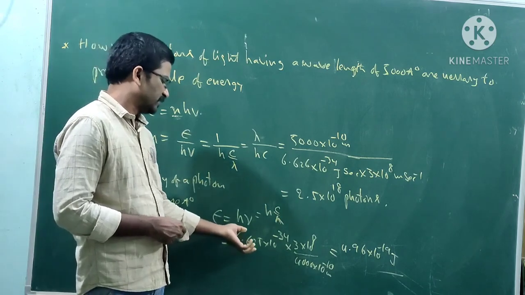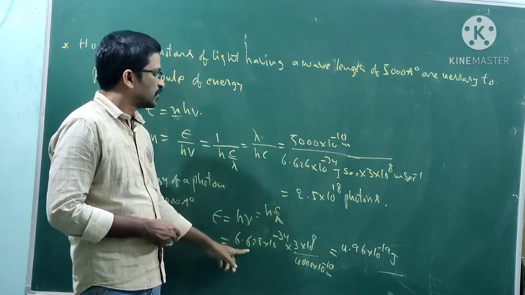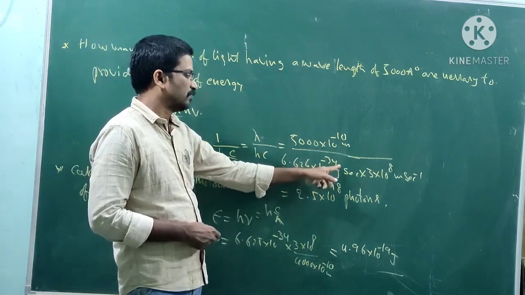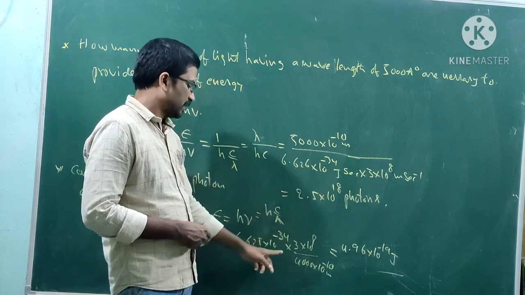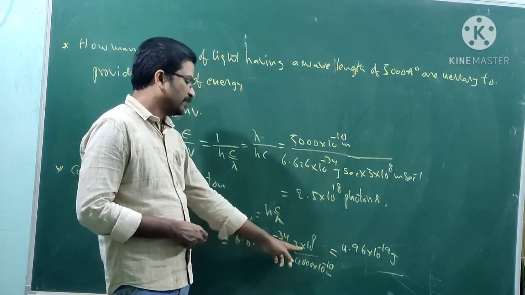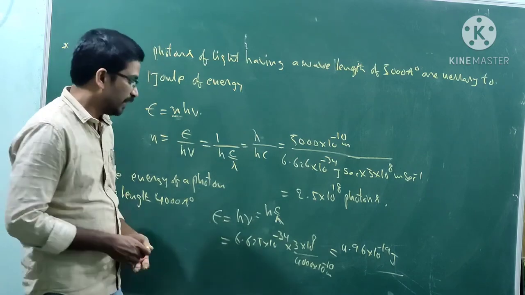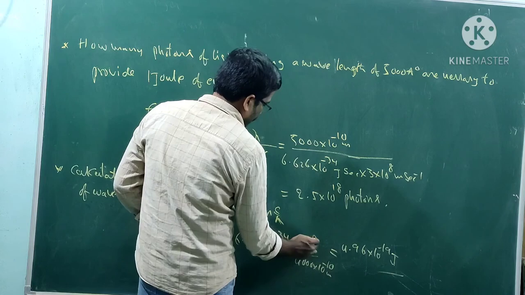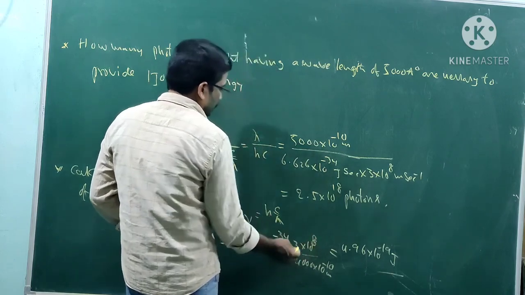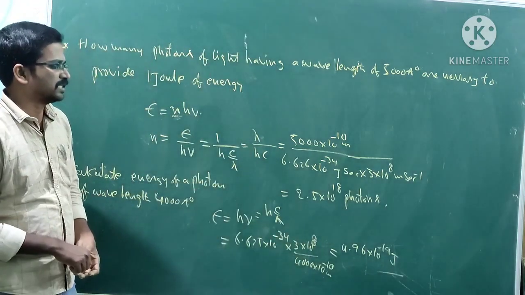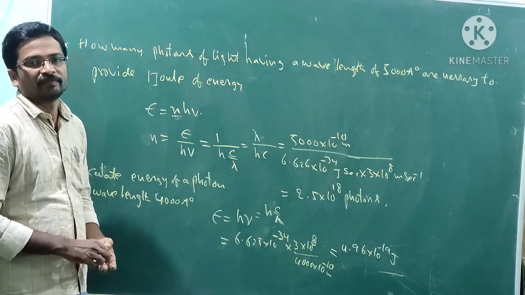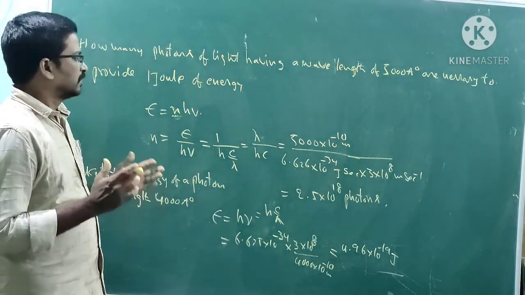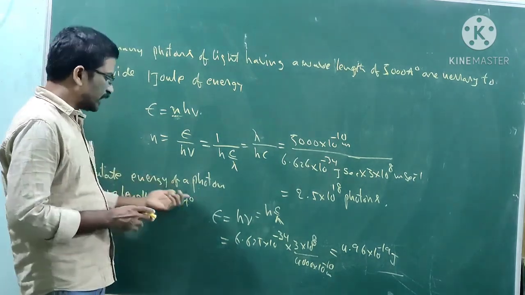The h value is always fixed, 6.626 into 10 to the power of minus 34 joule second, and c is also fixed, 3 into 10 to the power of 8 meters per second. This gives 4.96 into 10 to the power of minus 19 joules.